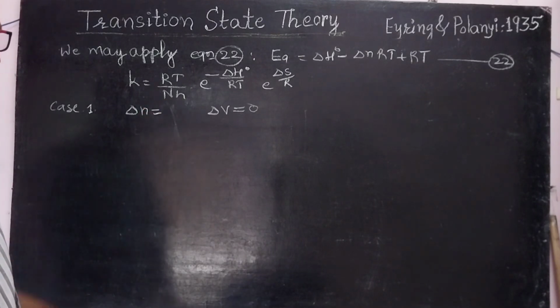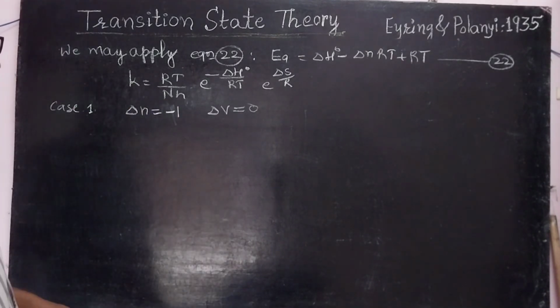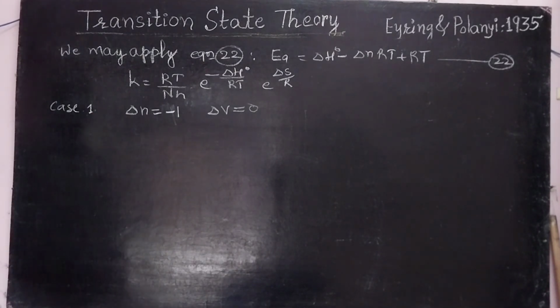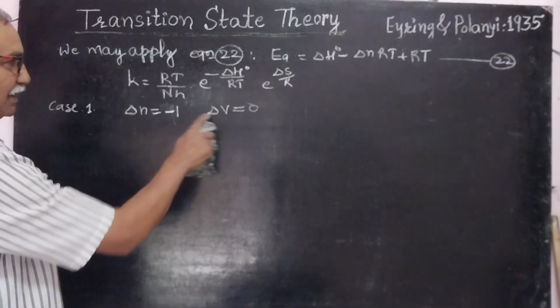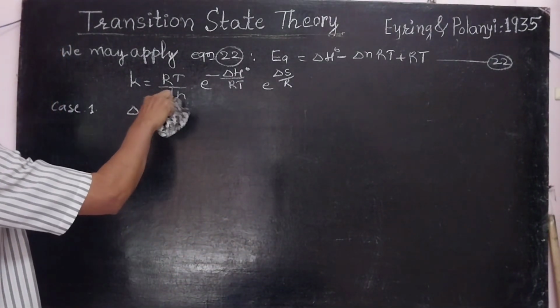Now, case 2. Here delta N is equal to minus 1. Minus 1 means the number of molecules of gaseous products is less than the number of gaseous reactant molecules, so definitely delta V is negative.